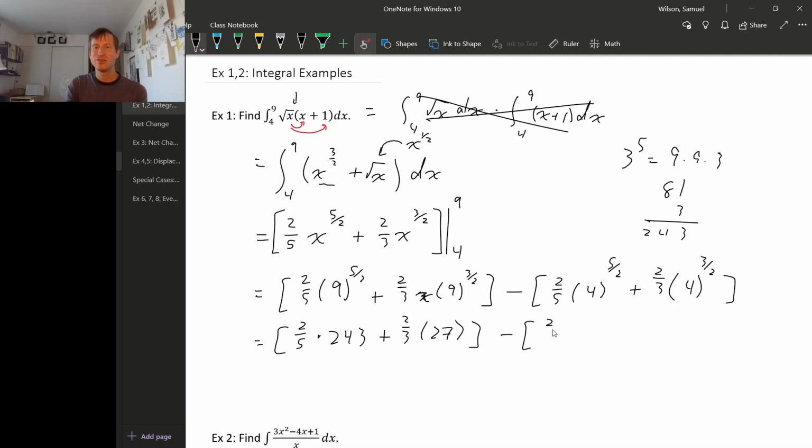Minus 2/5 times, the square root of 4 is 2, and 2 to the 5th is 32, plus 2/3 times 2 to the 3rd, that's 8. I'm already tired of working on the arithmetic, so at this point it's all arithmetic.